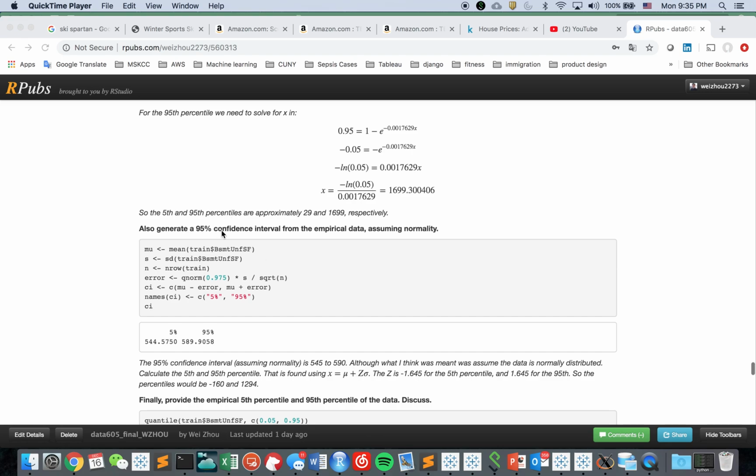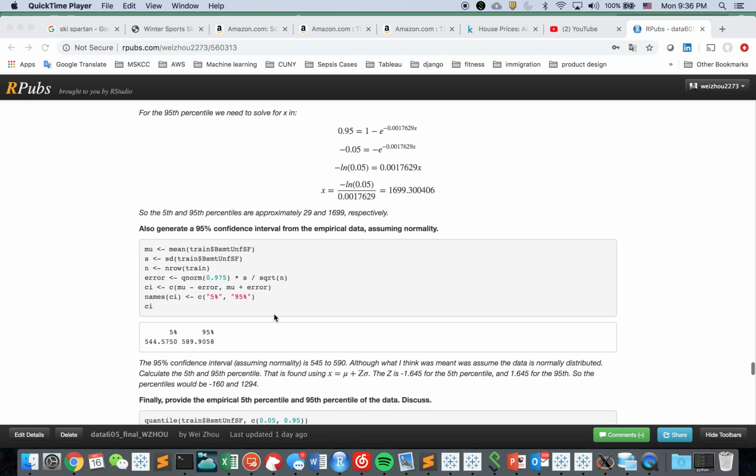To generate the 95% confidence interval from the empirical data, we're using this function qnorm, applying 0.975 to it, times the standard deviation divided by the square root of n, which is the number of rows of the training data set.